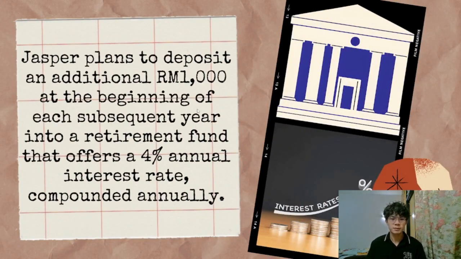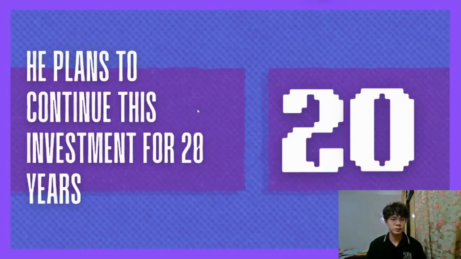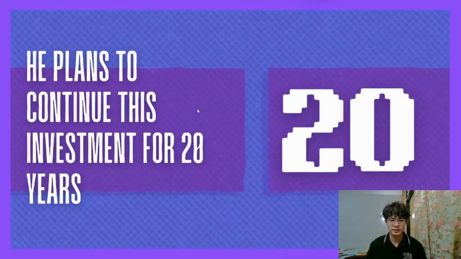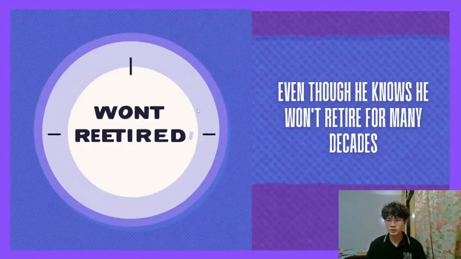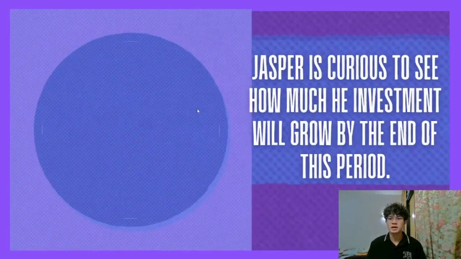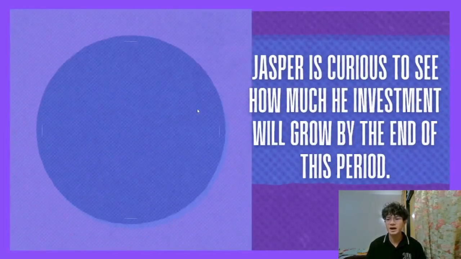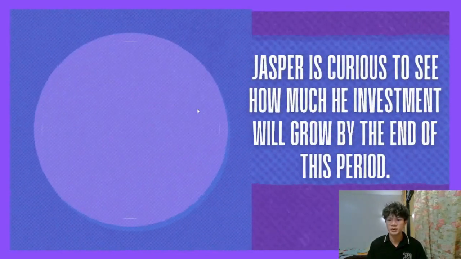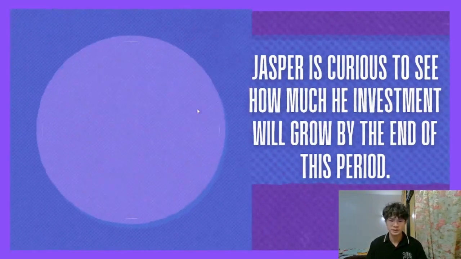Jasper plans to deposit an additional 1,000 ringgit Malaysia at the beginning of each subsequent year into a retirement fund that offers a 4% annual interest rate, compounded annually. He plans to continue this investment for 20 years, even though he knows he won't retire for many decades. Jasper is curious to see how much his investment will grow by the end of this period.